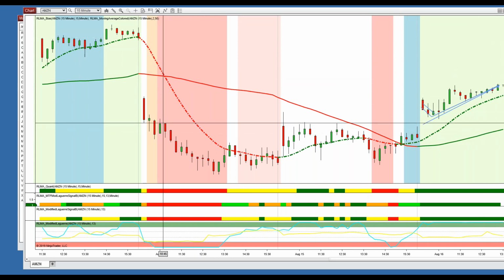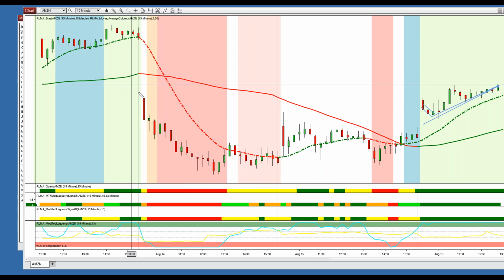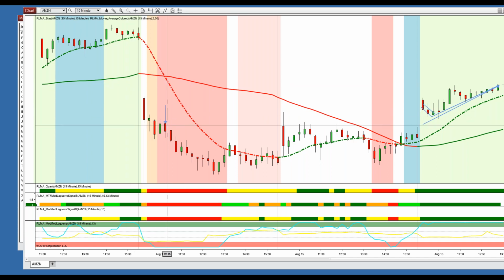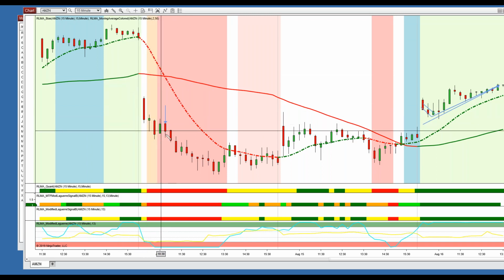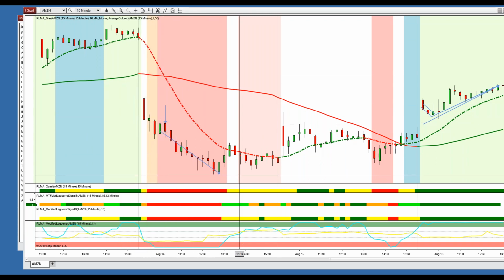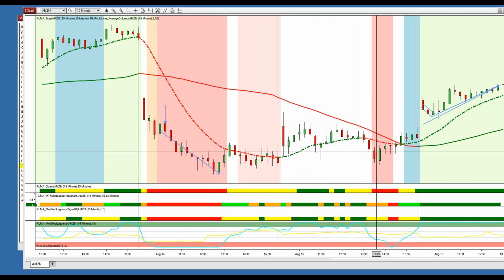And if you see right here, here is a short trade. Red, red, red. In here, you're not going to get any signal at all. You're not going to get any signal here either.